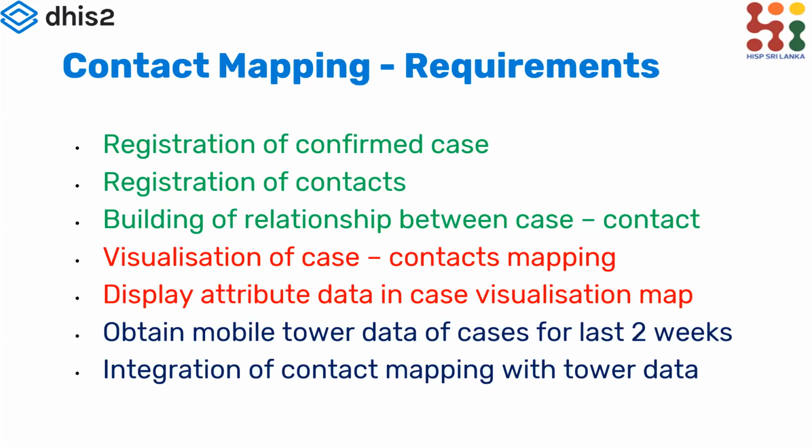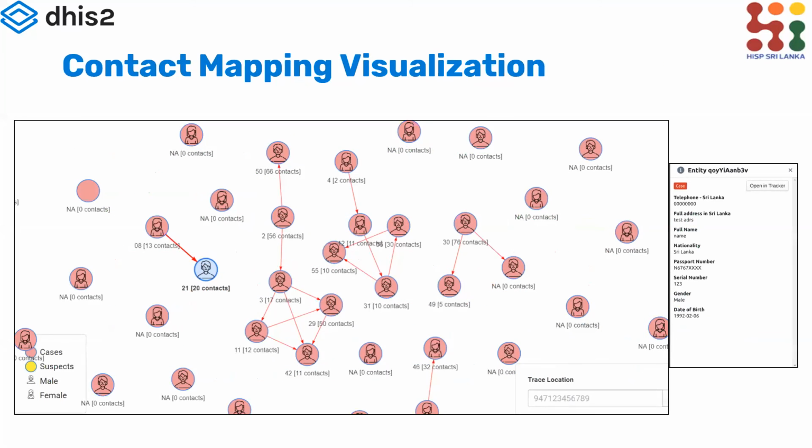These were not really possible out of the box, and this is where we had to make a custom web application. Our local team, with support from the University of Oslo, was able to design something really fast, within like 1 week, something like this. So this is a basic contact mapping visualization.